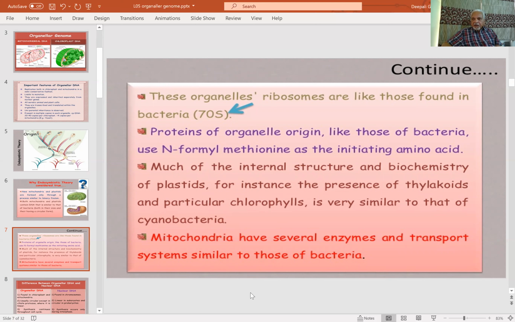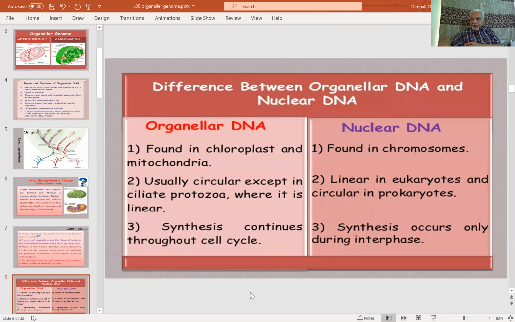Okay, and the mitochondrial DNA codes for many enzymes, similar to that of bacterial cells. So what I'm trying to say is that the features which the organellar DNA shows, both in its structure and mode of replication, resemble those of bacteria, or prokaryotes, in other words.